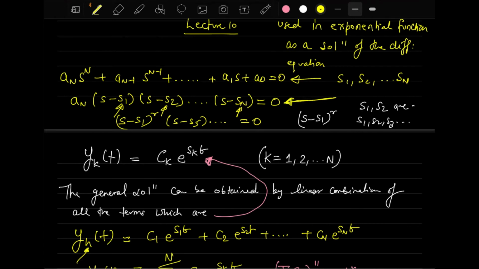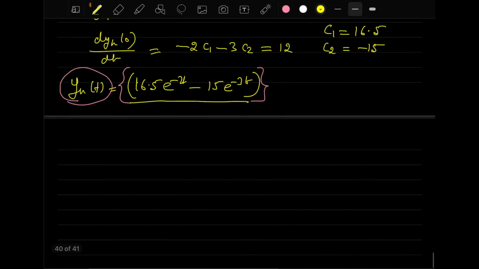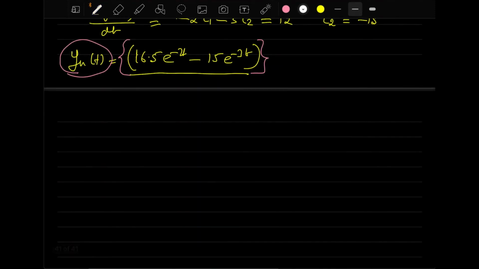The important thing is that there are r such terms which can be grouped together. In that case, your solution becomes a bit different. The homogeneous solution y_h(t) will become like this: C1 e to the power s1 t plus, let me rewrite it again, the solution will be C11 plus C12 t plus dot dot C1r t to the power r minus 1.